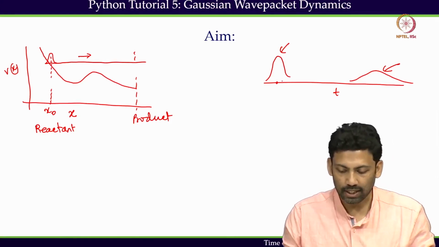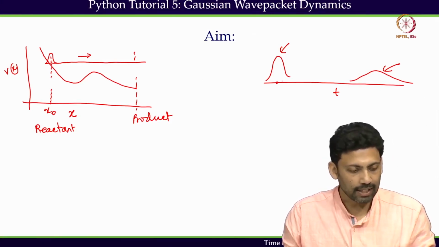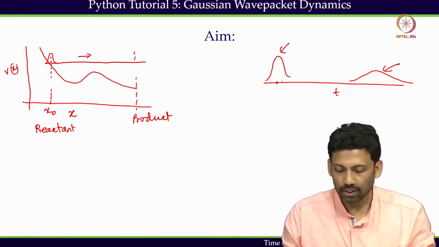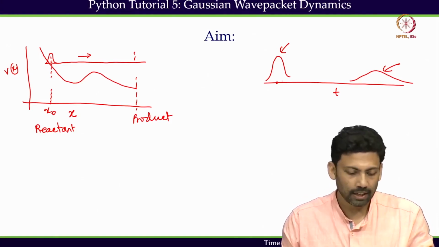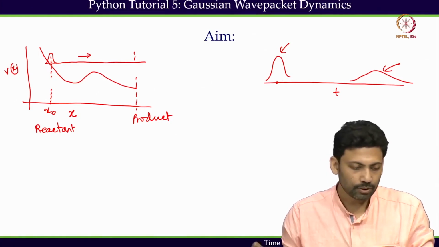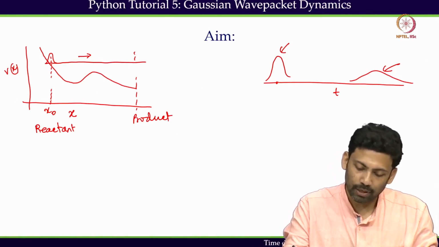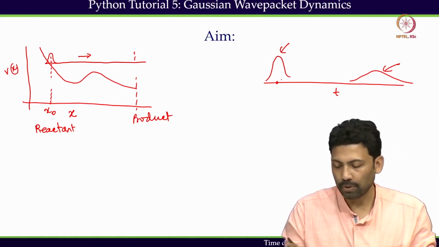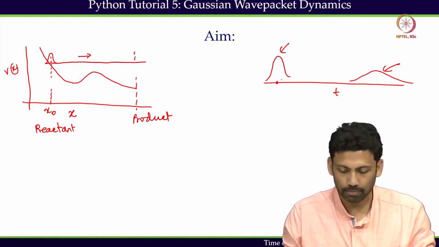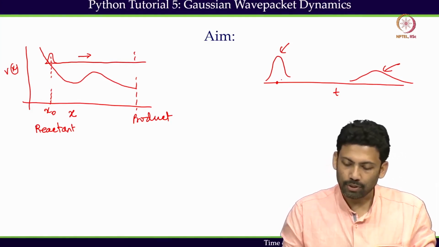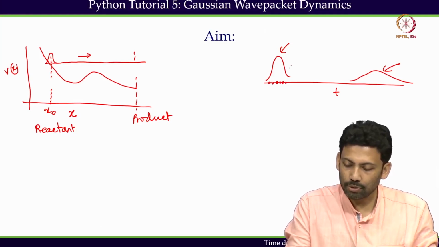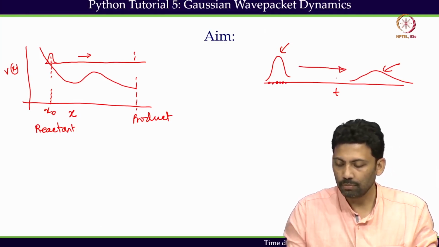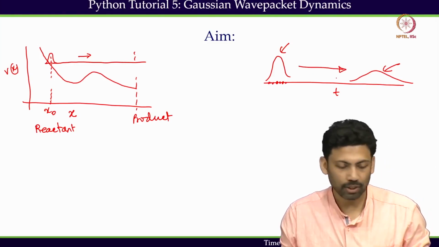But the problem is that its exact position I cannot determine. What will happen is that I will have a distribution. A single experiment can give me one exact, tiny point position. But if you repeat the experiment, we'll see that we have a position distribution. So this is the distribution function which is evolving as a function of time.